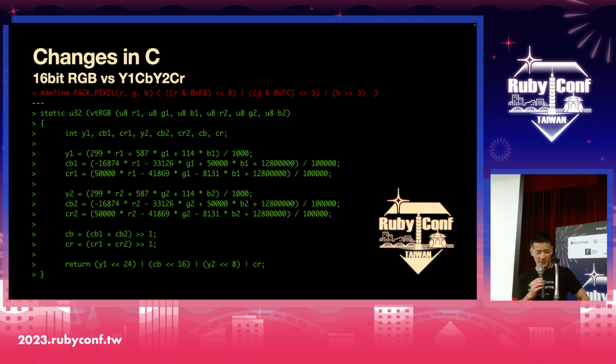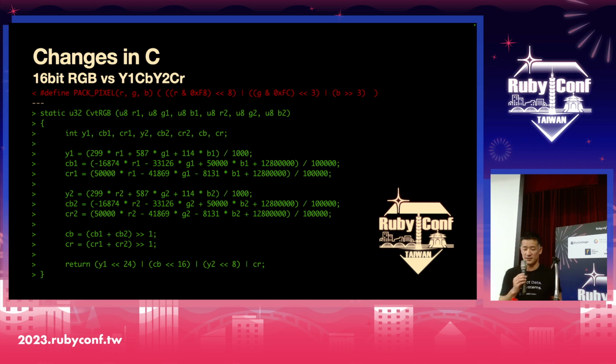But on Wii, the pixels were encoded in Y1CB, Y2CR, which is sort of based on the old television signal. Television used to be black and white, and color signal was introduced later. So the black and white signal was kept intact, and color signals were added later.